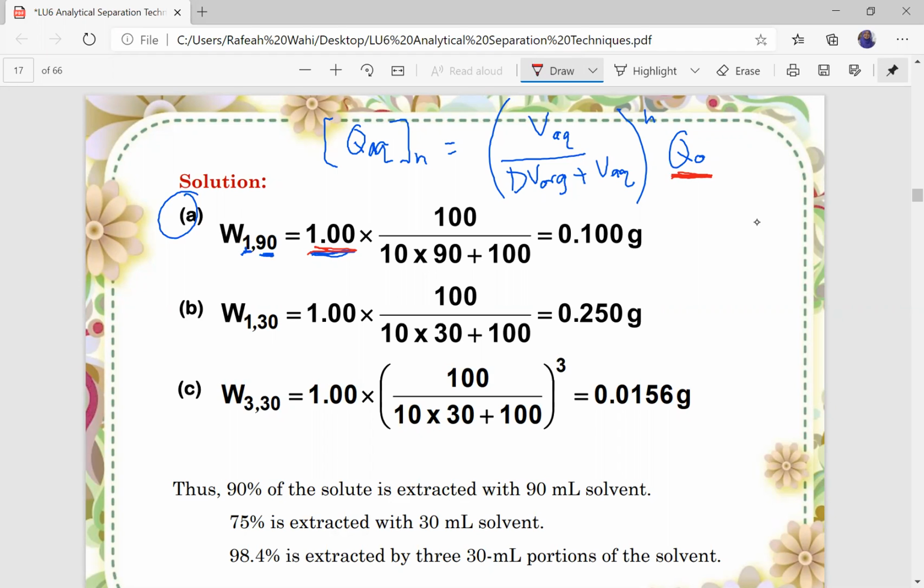The volume of your aqueous solution, V_aq, is 100, given in the question. D, the distribution coefficient, is given as 10. Volume of your organic solvent is 90, and volume of your aqueous phase is 100. When you calculate everything, you get 0.1 gram.